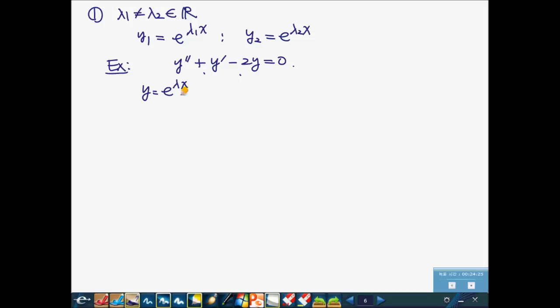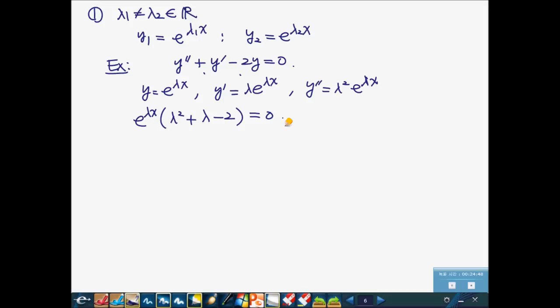That's what you need to do first. And y prime is lambda e to the lambda x, y double prime is lambda square e to the lambda x. You substitute in and factor them out. This is lambda minus 2 is 0, and so your characteristic equation is this.